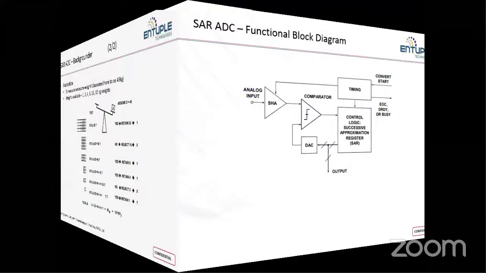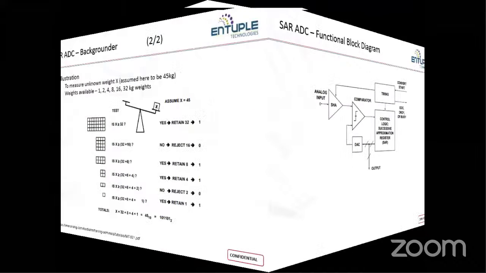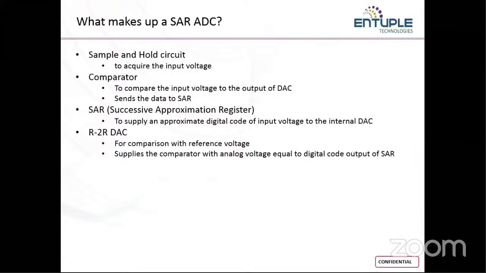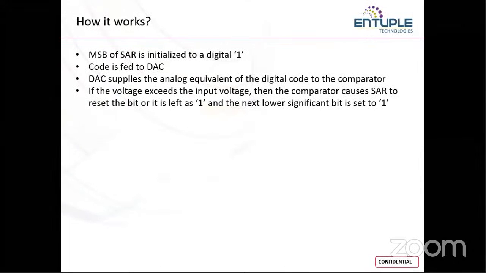So these are the blocks involved, but how does it work? The most significant bit of a successive approximation register is initialized to a digital one. The code is fed to the digital to analog converter. It supplies the analog equivalent of the digital code to the comparator.